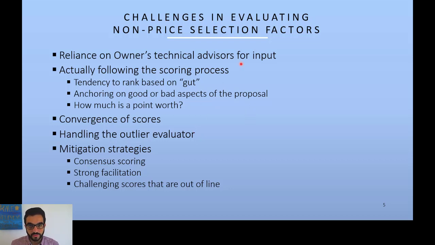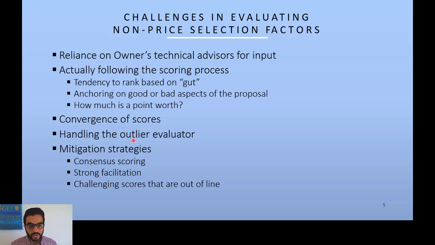The issue with such non-price selection factors is that, because they're subjective, converging the scores from different evaluators is an issue, especially if you have an outlier evaluator providing scores way out of the average.